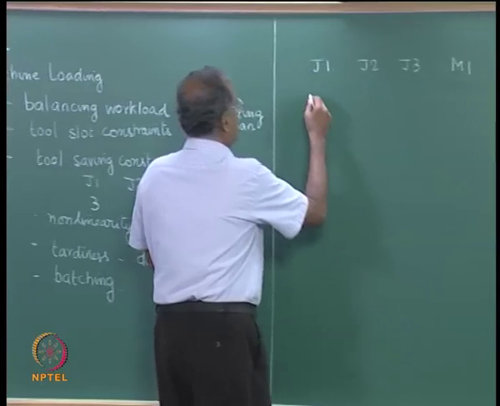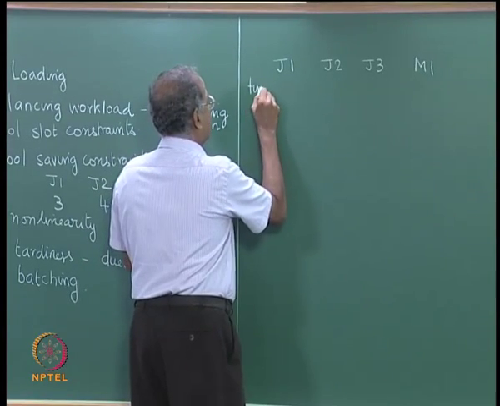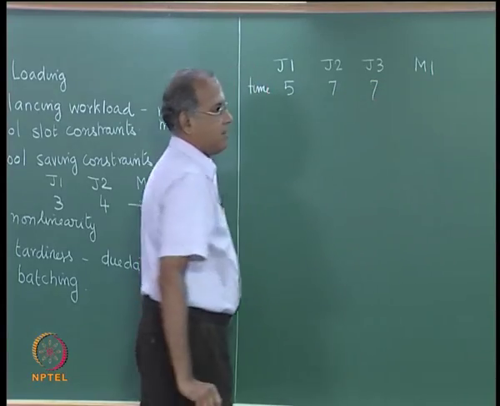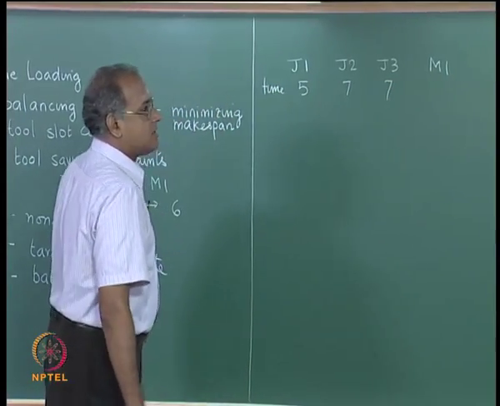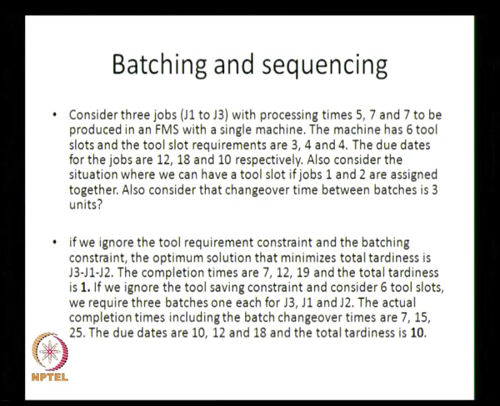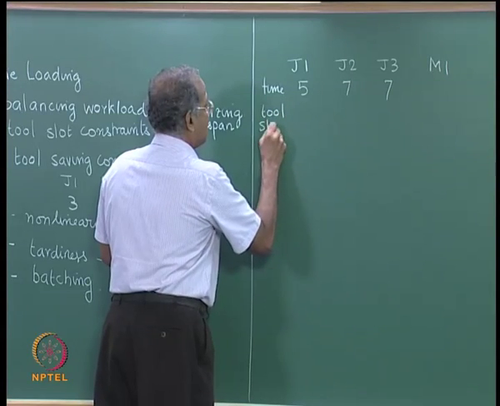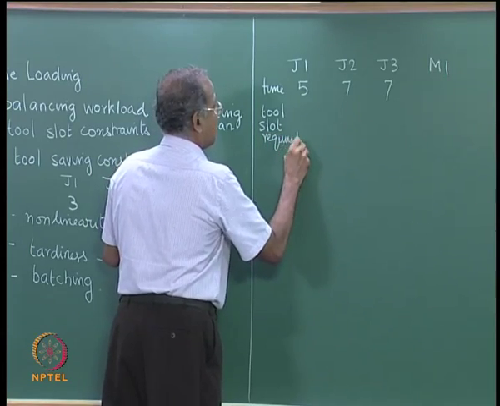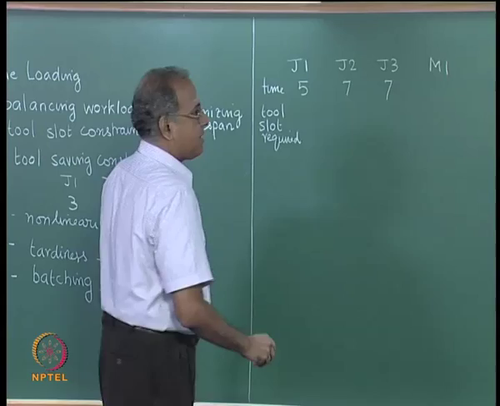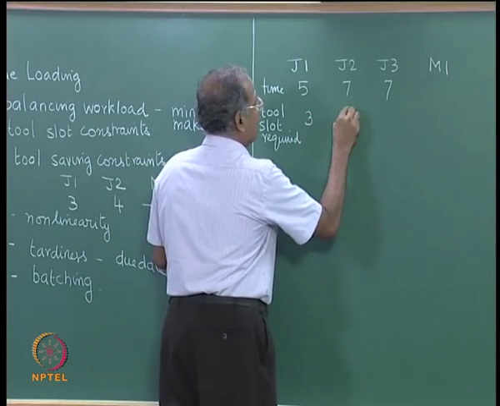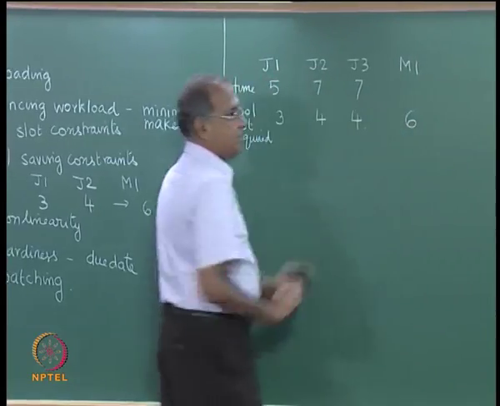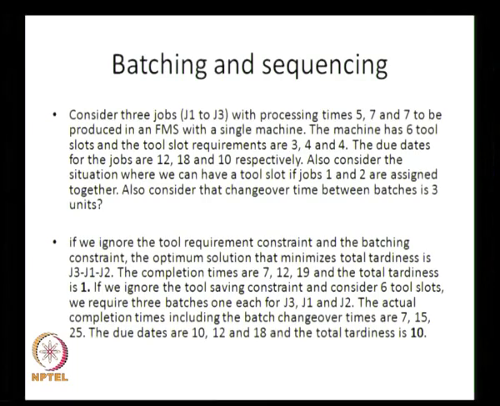So, the processing times are 5, 7 and 7, and tool slot requirements are 3, 4 and 4, and tool slot availability is 6. The due dates are 12, 18 and 10.